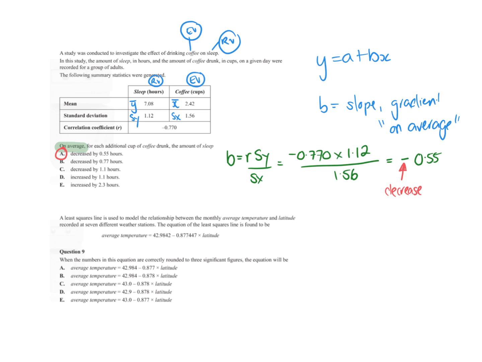Okay, the next question. The least squares regression line was fitted to the monthly average temperature and the latitude, and there's the equation below, and it's asking us for this equation rounded to 3 significant figures. So there are 2 numbers to round.